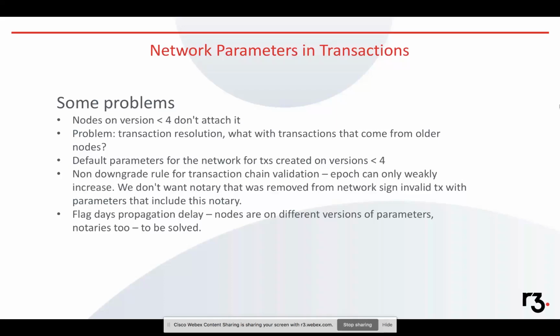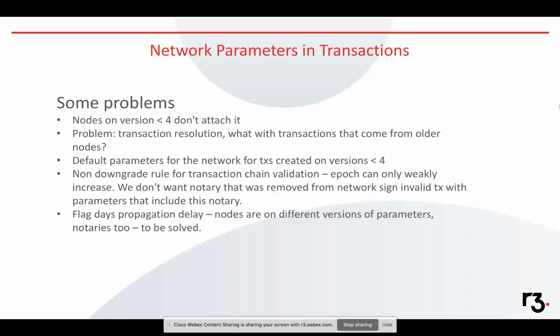Okay, so an additional feature that we had to introduce was the non-downgrade rule for transaction chain validation. It means that network parameters have inside a number, which is an epoch. And when we create new network parameters, this epoch increases.